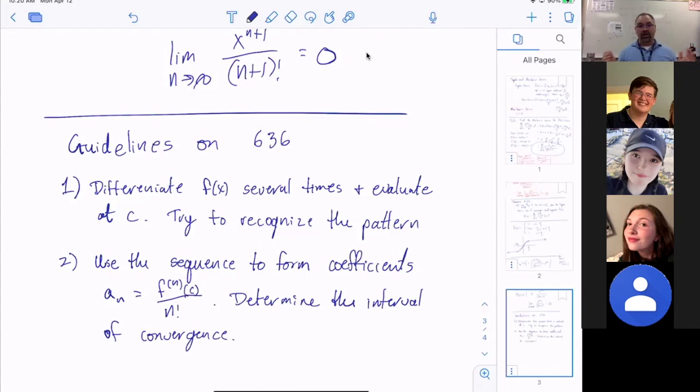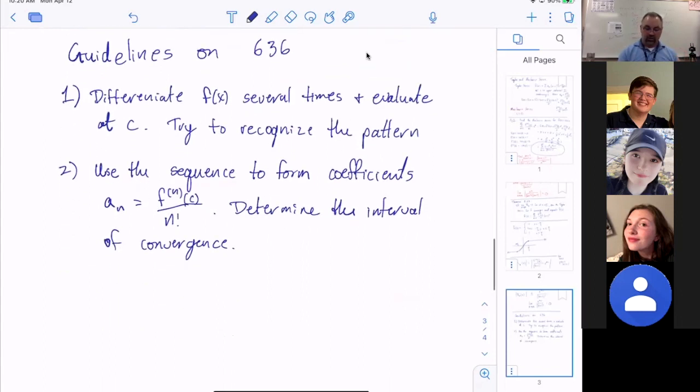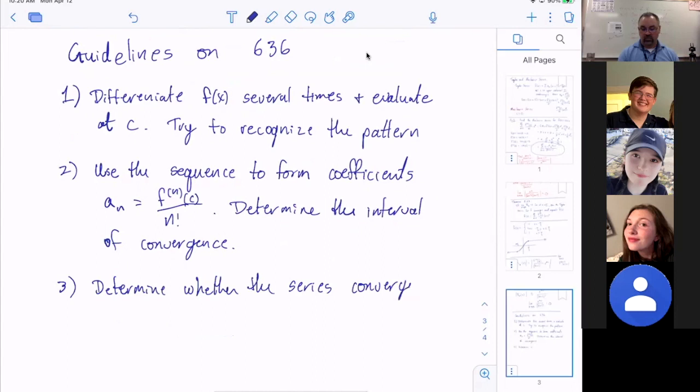So find the radius of convergence, see what's going on at the endpoints. Figure out what that interval of convergence is, and then the third thing is, of course, to determine whether or not the series converges to f of x within its interval.